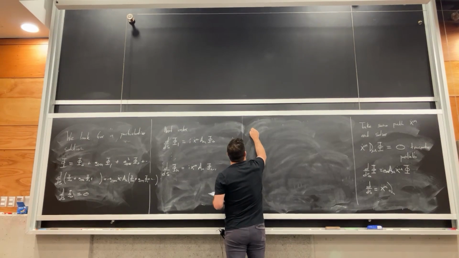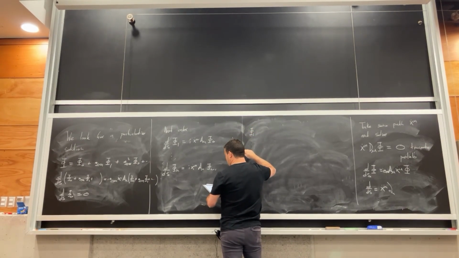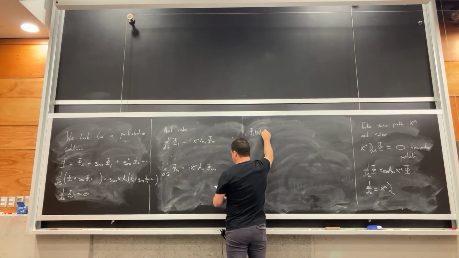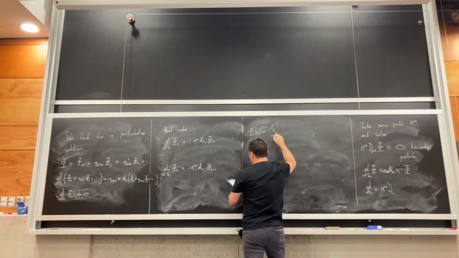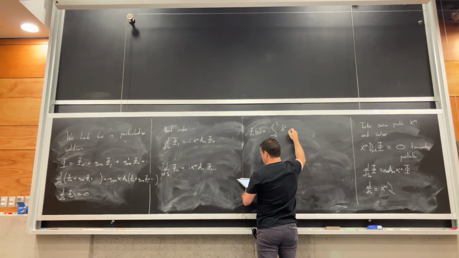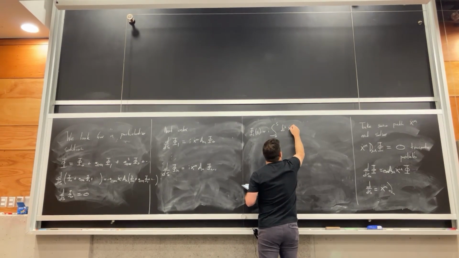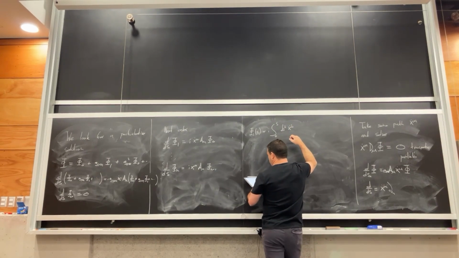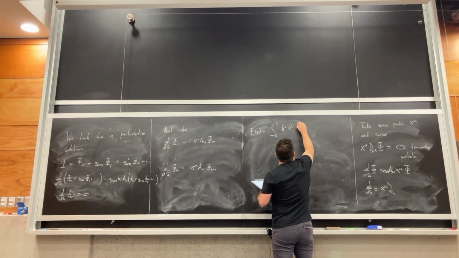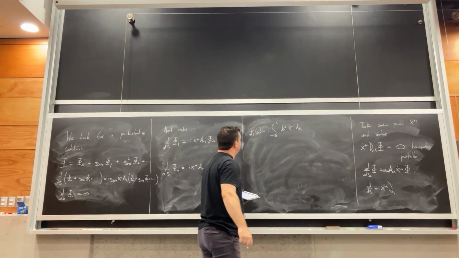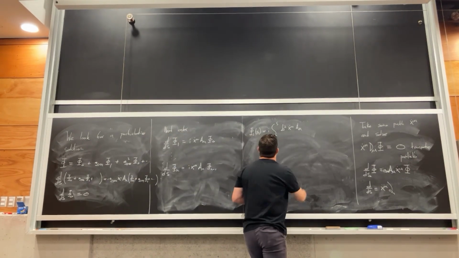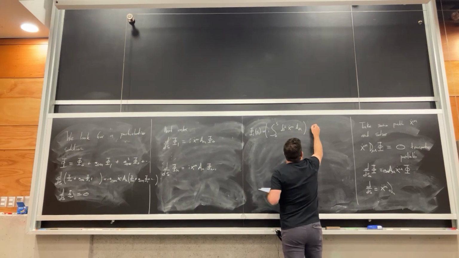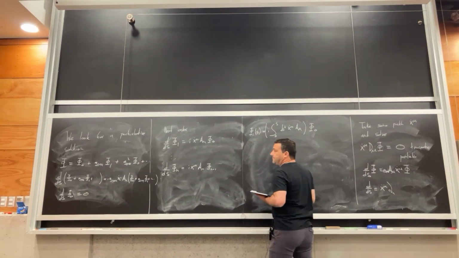So we can write phi 1 as I times the integral from 0 to s ds prime x dot mu prime, a mu prime, times phi 0.